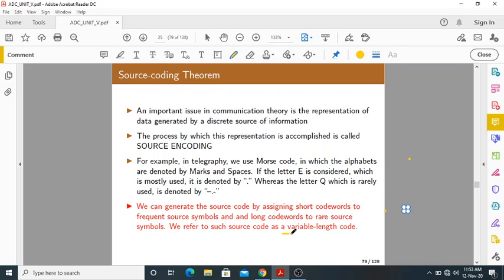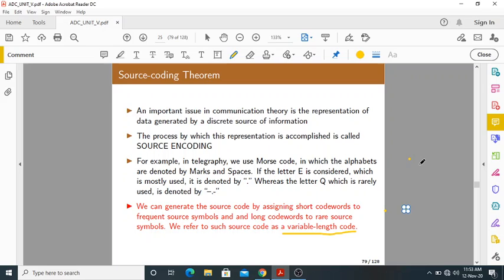Now it is considered a variable length code. Why? Because we assign short code words to the frequent source symbols and long code words to the rare source symbols. It's called variable length code because each and every symbol does not have the same length of code word. You can observe very clearly: for E, only a dot is there.